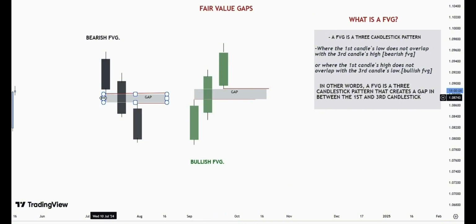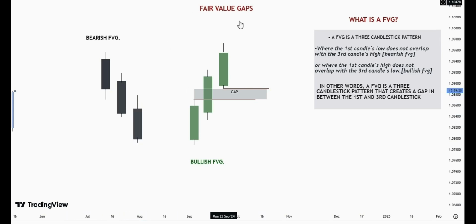Okay. So now we know that this is a fair value gap. So what isn't a fair value gap? Okay, I'll get to that now. As you can see, there are gaps. The market is inefficient. It's leaving a gap. So by knowing this, the opposite is what we regard as a balanced price.